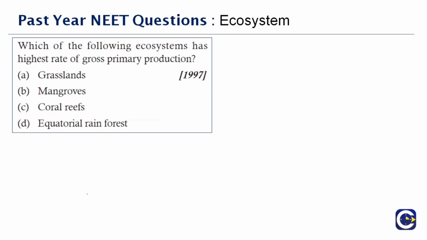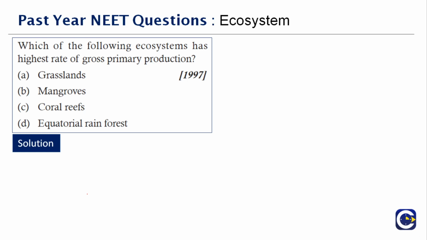Next question here. Which of the following ecosystems has the highest rate of gross primary production? You have four options: grassland, mangroves, coral reefs and equatorial rainforest. This question we already discussed in part 1. If you remember that, you'll be able to answer now. Yes, it is equatorial rainforest.